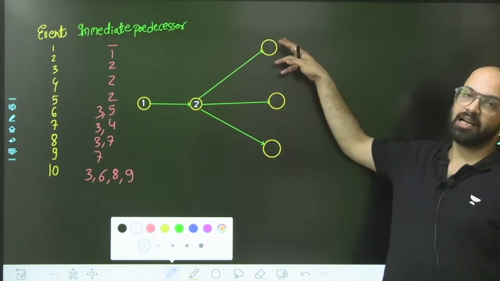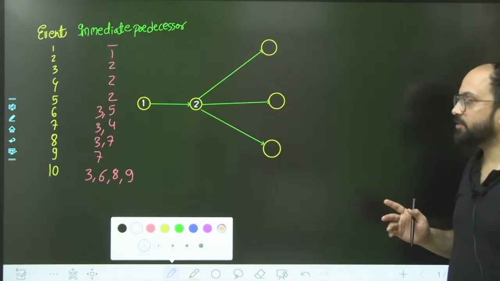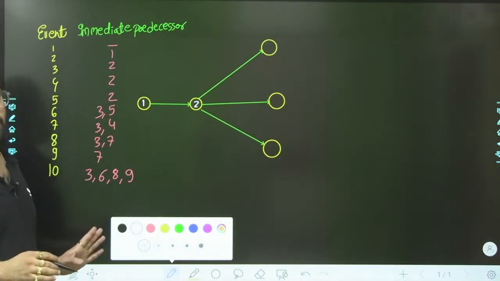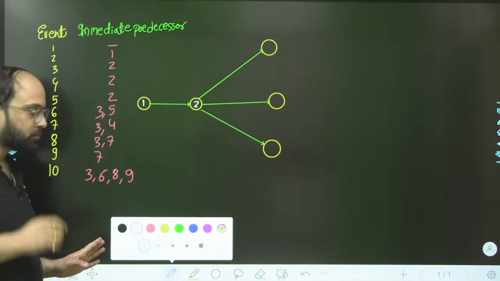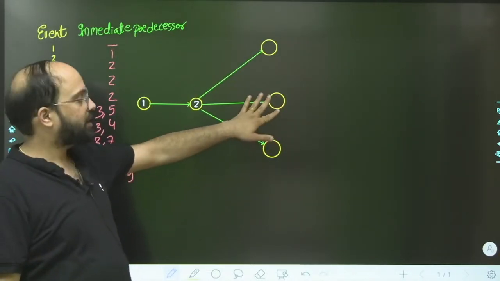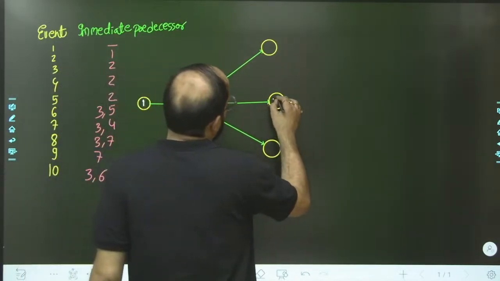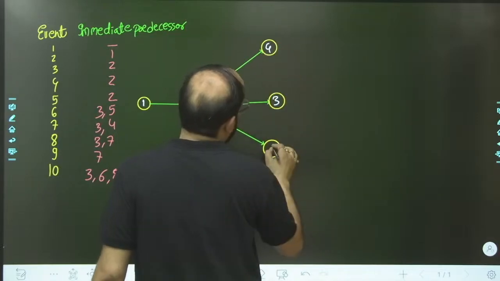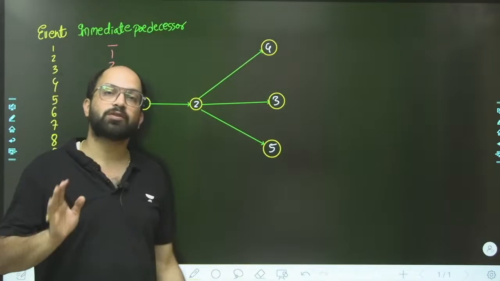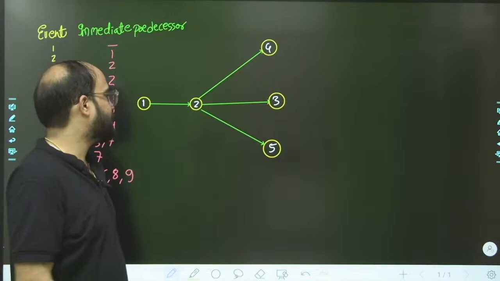If 3 is on the upper side, sometimes we have to cross the arrows. So we put 3 in the middle so that we can avoid crossing, and in the rules of network we already heard that we should avoid crossing. So this is 3, this is 4, this is 5.